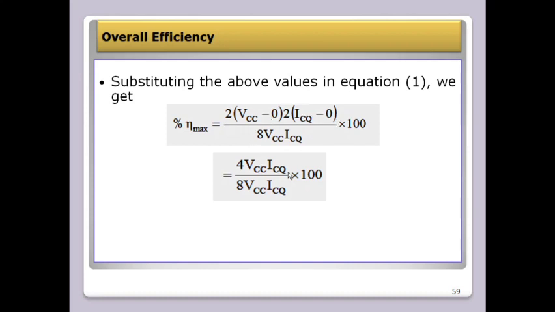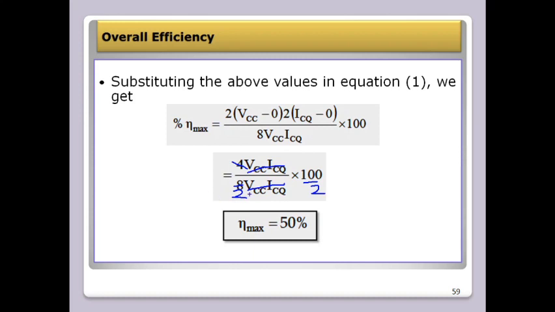4 into VCC ICQ by 8 into VCC ICQ. So now VCC ICQ both get cancelled here. Okay, and 4 by 8 into 100 means it is 1 by 2 into 100, which is 100 by 2.